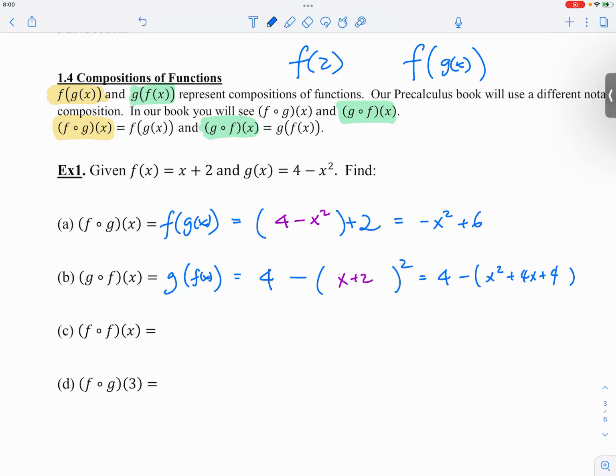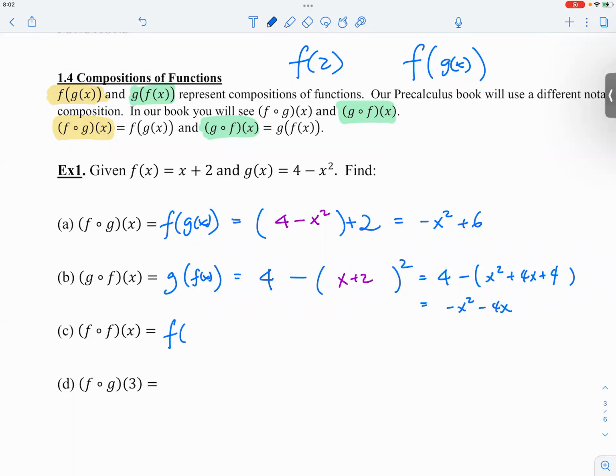And then 4 minus 4, so the 4 will be gone. So you have simply negative x squared minus 4x as your final answer. Okay, so give yourself a minute to finish part C and part D. Try yourself.